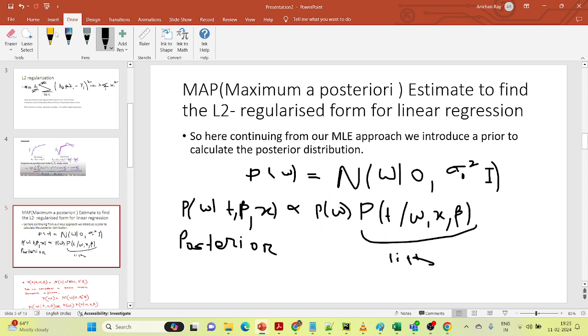So this is the likelihood, and this P(W) is the distribution we have defined of the parameters. We multiplied that with the likelihood to get the posterior. Not exactly to get the posterior, but this multiplication is proportional, meaning the posterior is proportional to this multiplication.